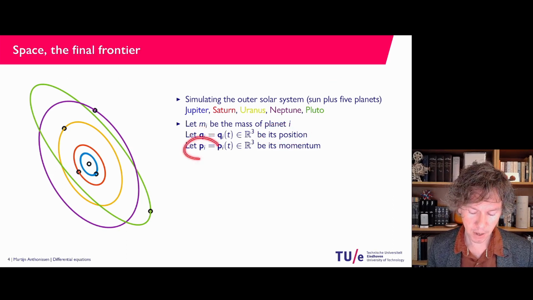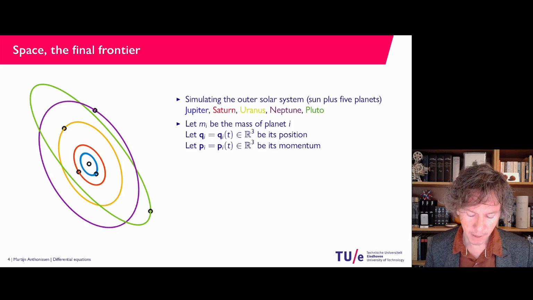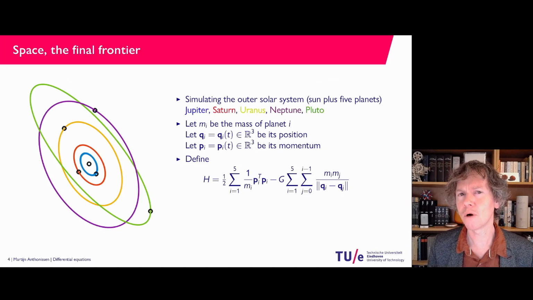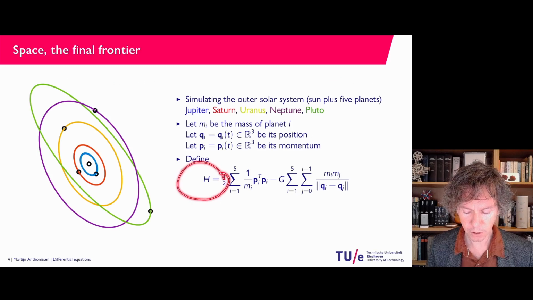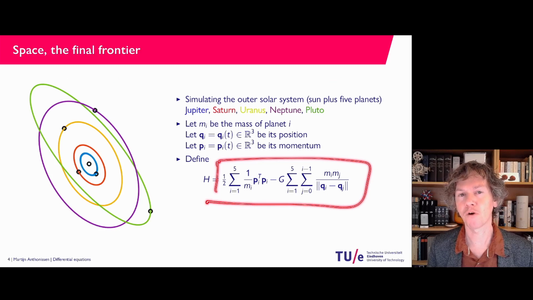And then Pi is momentum, and momentum, as you may recall from physics, is m times v, so the mass times the velocity. Now, as I said, the equations are way too complicated, but I just want to show you that you can introduce a quantity, capital H, which you can compute using the Q's and the P's for our 5 planets.